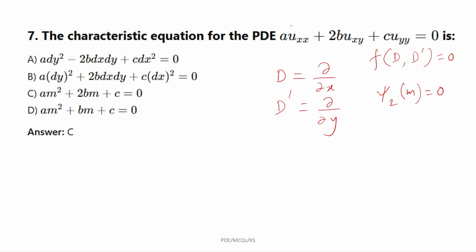So if we put here am2 plus twice bm plus c equals 0, this is option C, which is the correct answer.